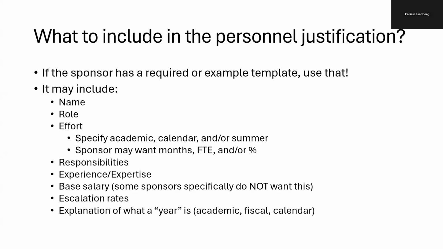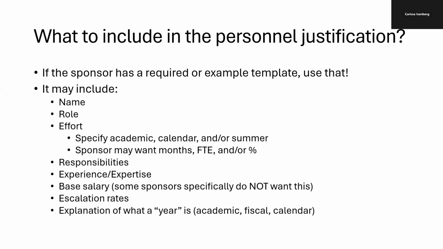It is helpful to include the responsibilities so that the sponsor can see if the work being done matches the amount of money being requested. Sometimes it's helpful to list experience or expertise in the justification. Base salary: some sponsors want to know what the base salary is, to know what 5.56% means. Some specifically do not want this. Pay attention to your sponsor.